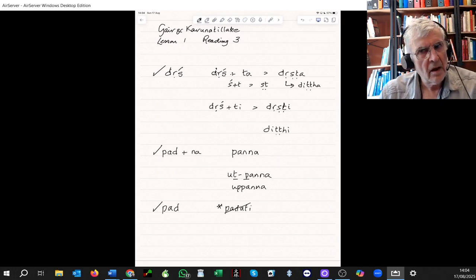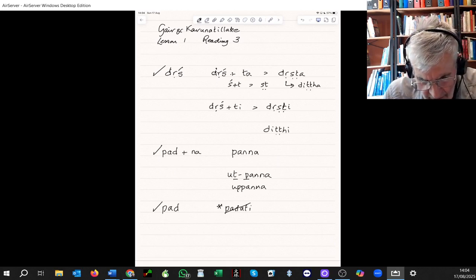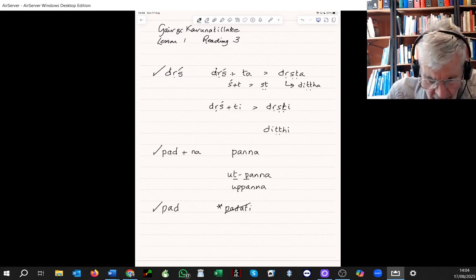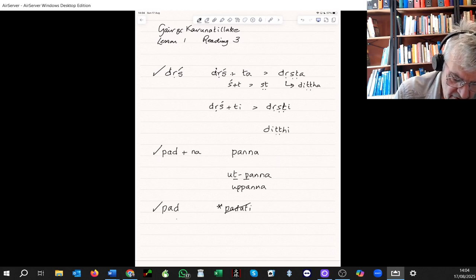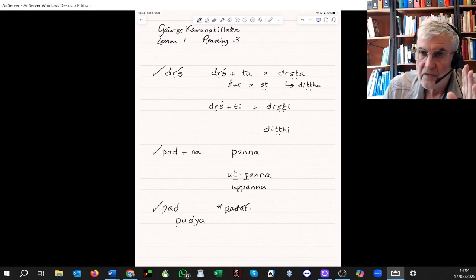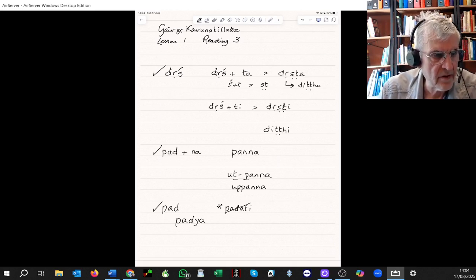If this is a class 4 verb, as they're called, what happens with a class 4 verb? They conjugate exactly like the class 1 verbs, which is the most common type of verb, but with the insertion of a y before the thematic a of the root. So you make the present stem as not pada but padya. This is in Sanskrit.